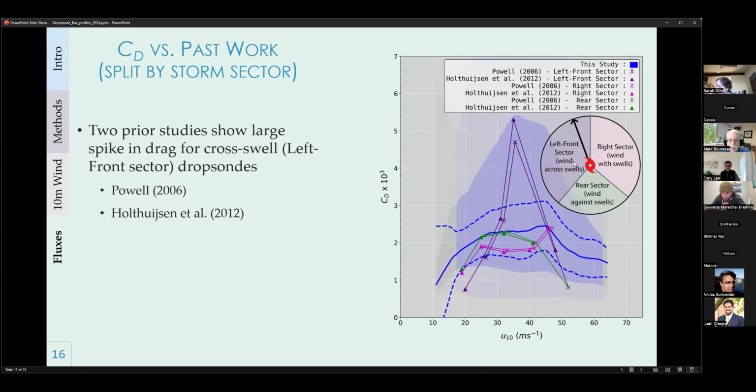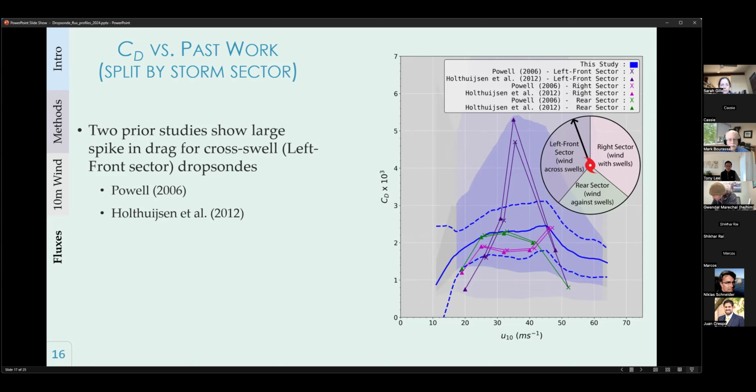This would be your left front sector, right front sector, rear sector. And they separated the drag results by these different sectors, and they're colored roughly analogously over here. And you can see you have lower drag in this region, higher drag here. And this looks disturbingly like a lot of the spread we're seeing.